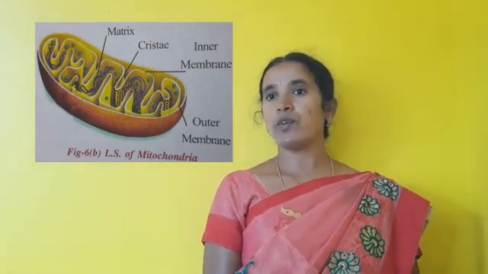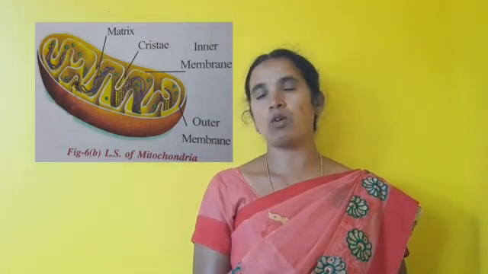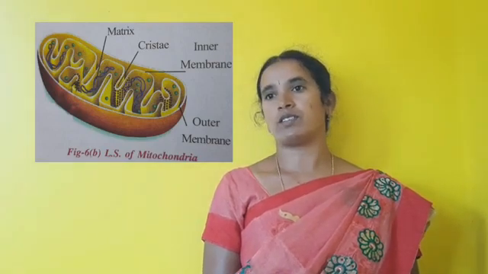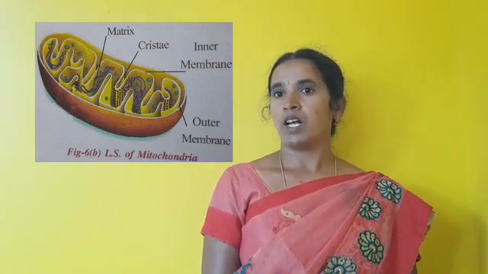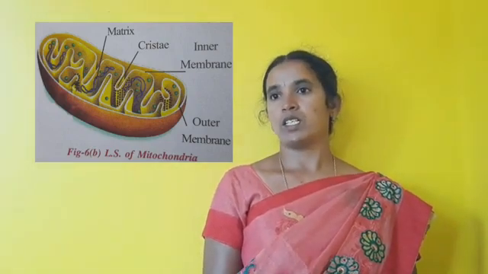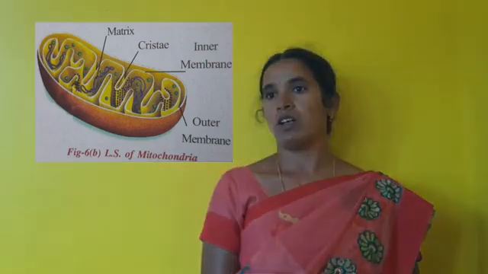Mitochondria are about 150 times smaller than the nucleus. Each cell contains 100 to 150 mitochondria.